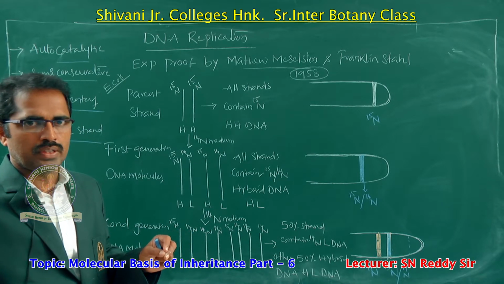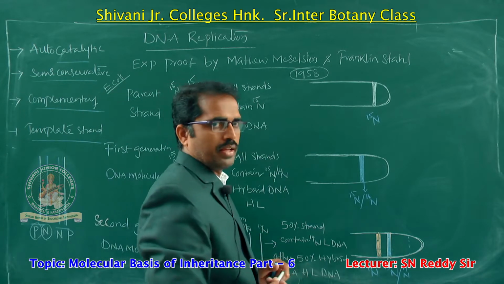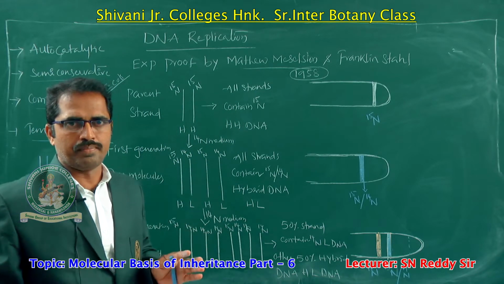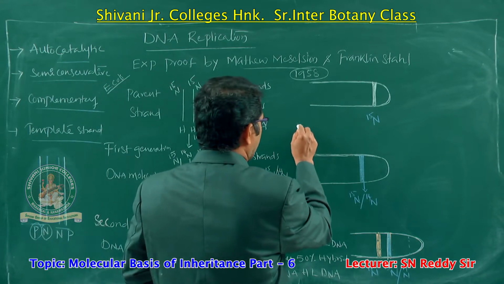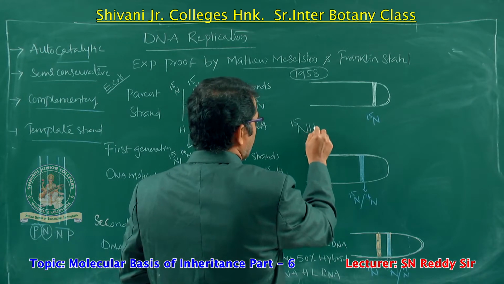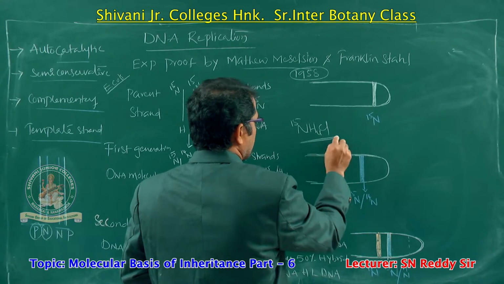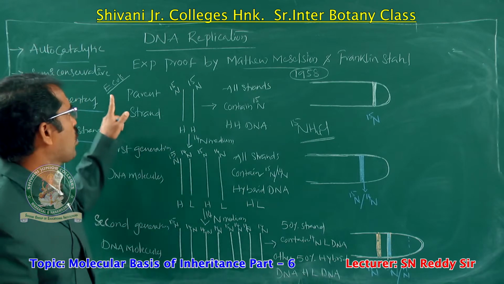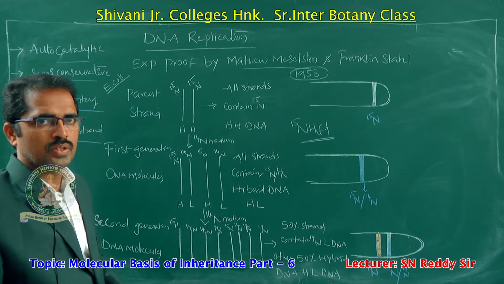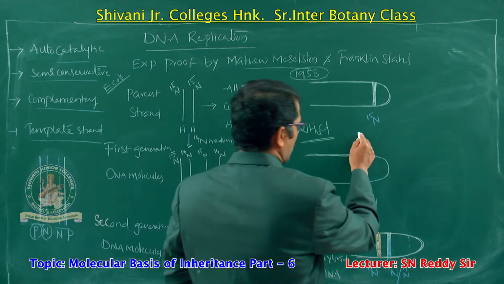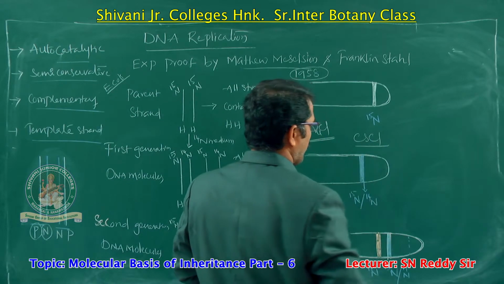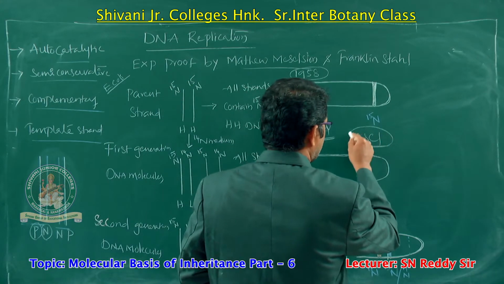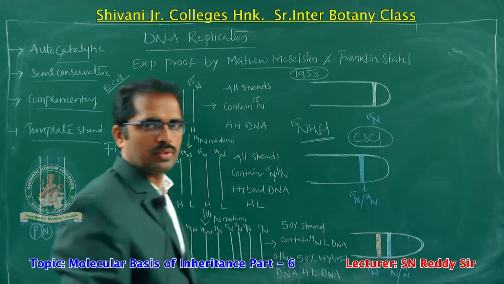It is not a radioactive isotope here, it is heavy. There is also a cesium chloride density gradient: in the centrifugation process, they used the cesium chloride density gradient for the separation of the strands.